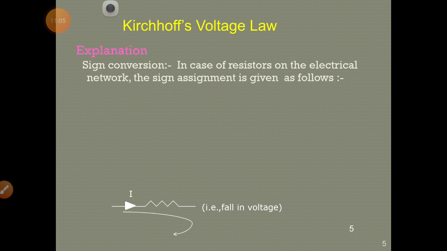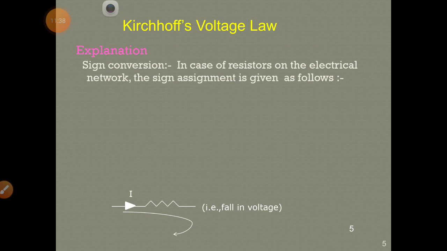Before going to do that analysis, you should remember the current direction in a resistor, that is a drop, the current I into R, from which direction the current is flowing. In a closed loop, don't confuse one thing, you have to remember the plus or minus sign indication while doing the calculations. Simple, so sign convention.